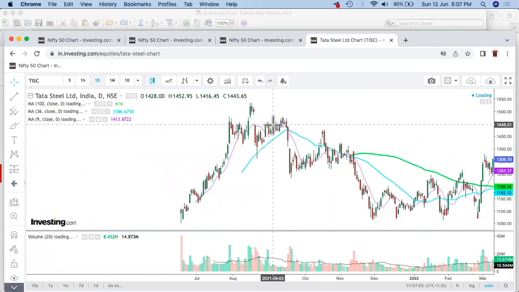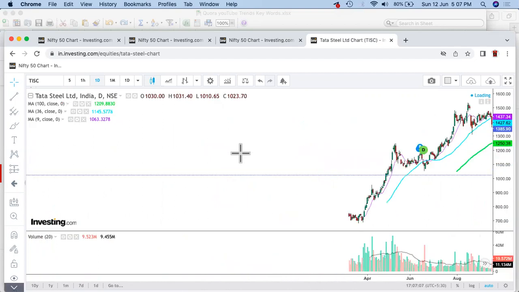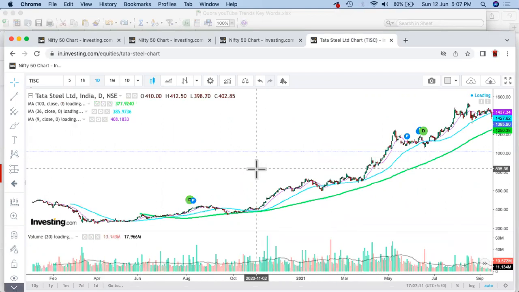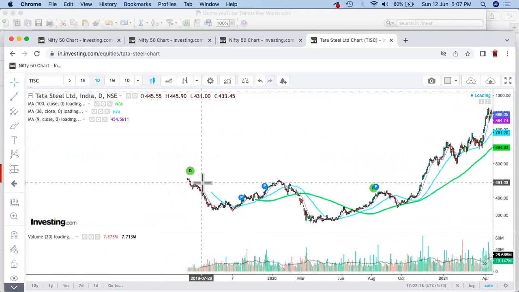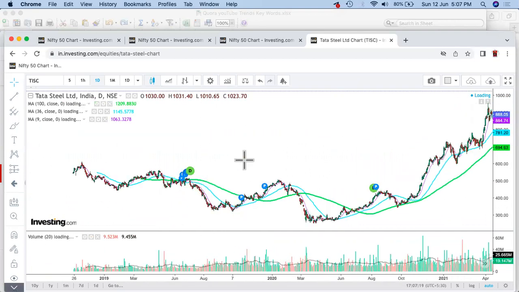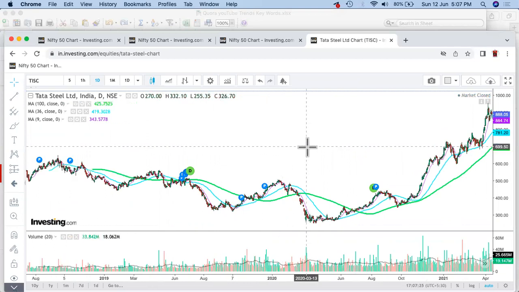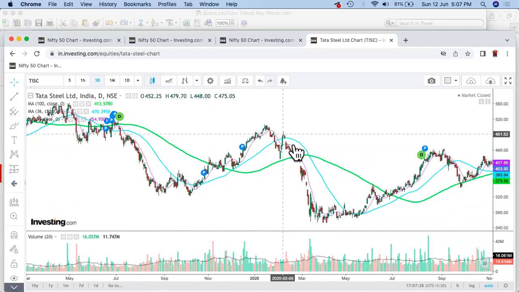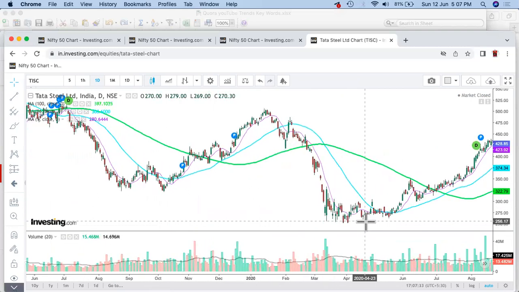Let's say, for example, during the bull cycle, somewhere around this part, I knew that, okay, my long-term trends were still negative, right?